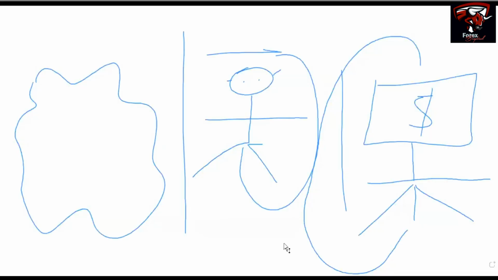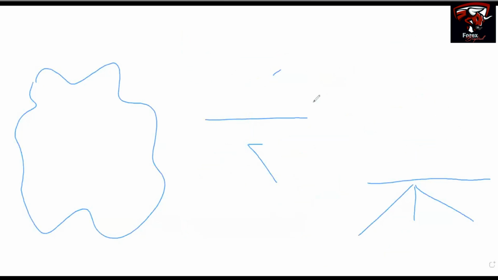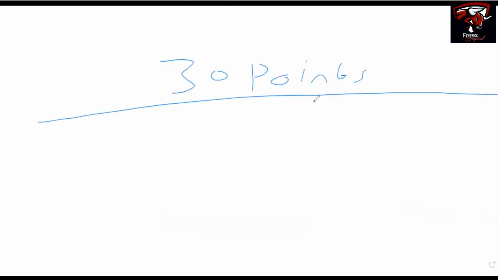Personally, I don't set TP, and I have my reasons why. But when push comes to shove and I'm forced to set TP, I'll be setting my TP at 30 points from the entry. Now, what is 30 points from the entry?